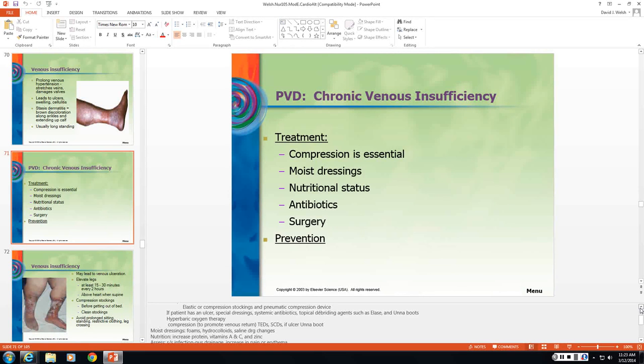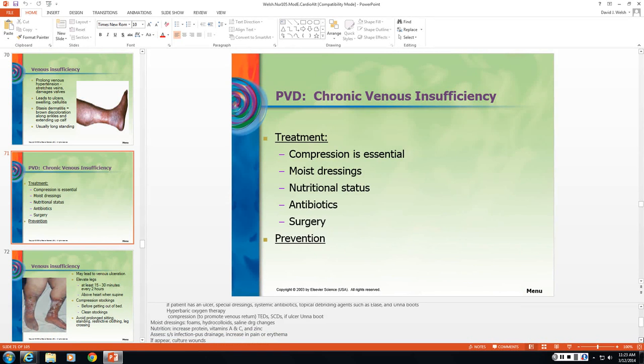Now, nutrition-wise, you want to increase their protein, especially their vitamins A and C and zinc. This helps to encourage healing of the ulcers. The biggest thing you want to do is assess for signs and symptoms of infection.